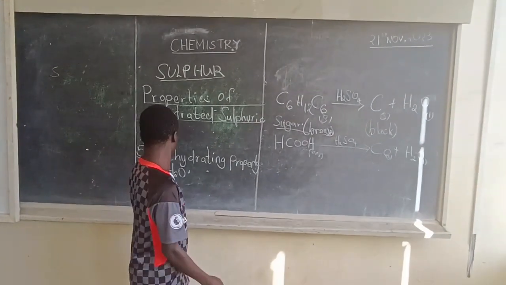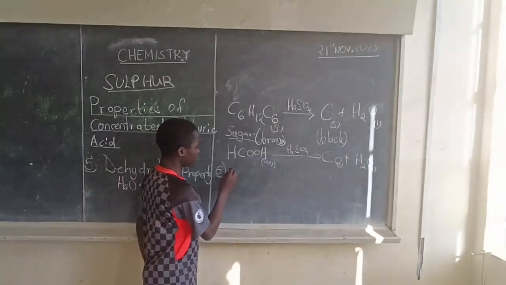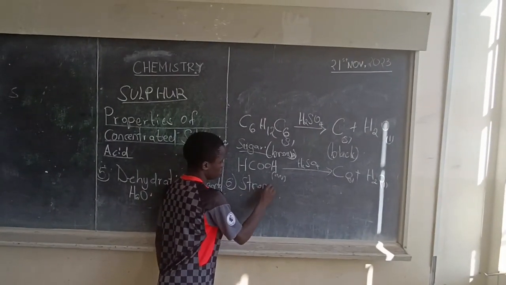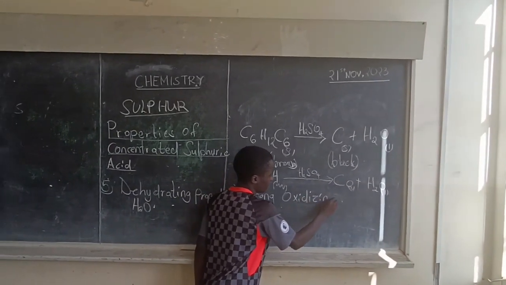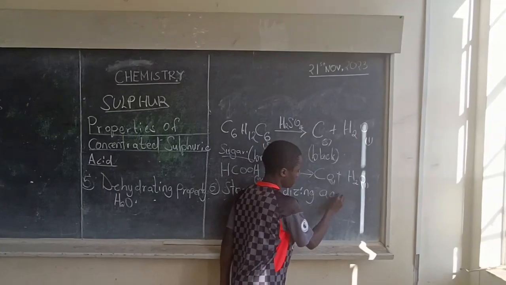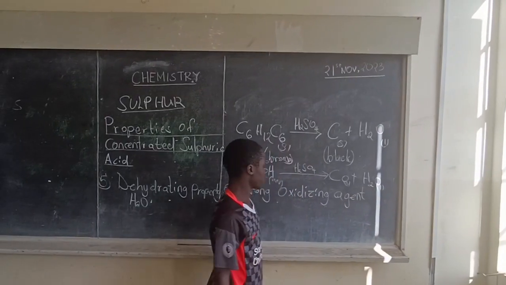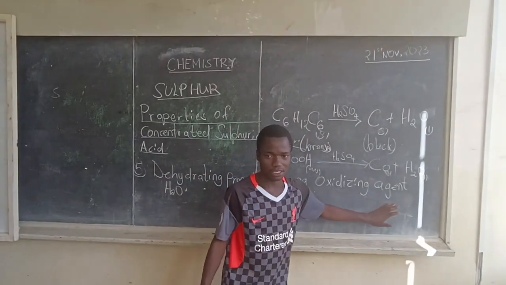Now we move to our next property, which is number 6, and that is that concentrated sulfuric acid is a strong oxidizing agent.